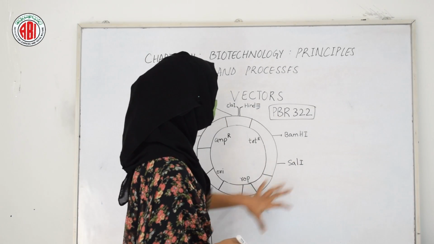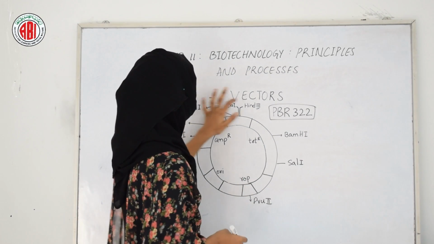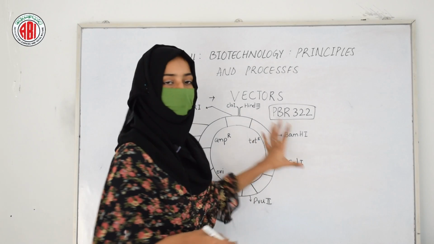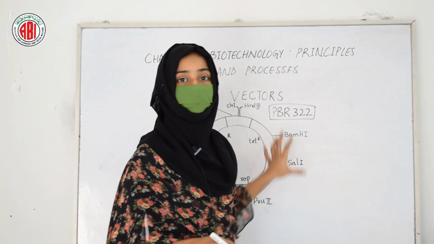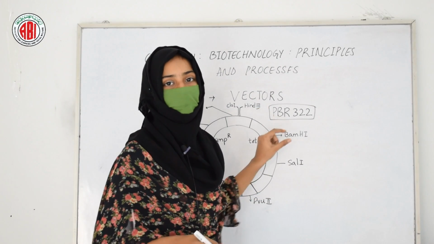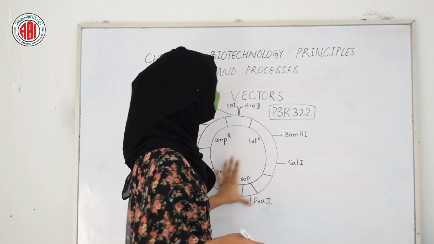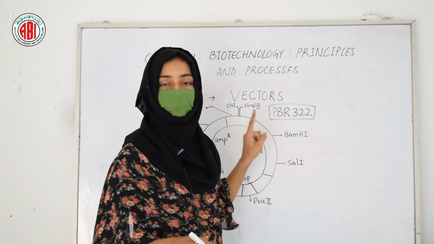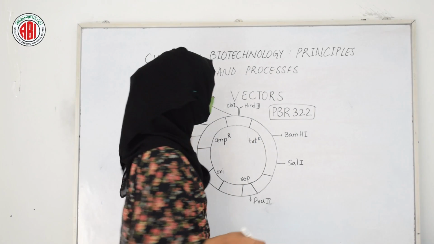When we count all these endonucleases, it will be 1, 2, 3, 4, 5, 6, 7, 8. In total, 8 endonucleases are present. That means 8 sites are present where we can make a cut. So no endonuclease is repeated here. In this way, only one endonuclease makes a cut at a particular site.